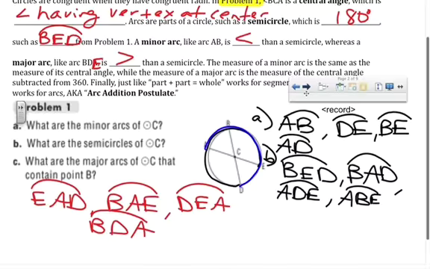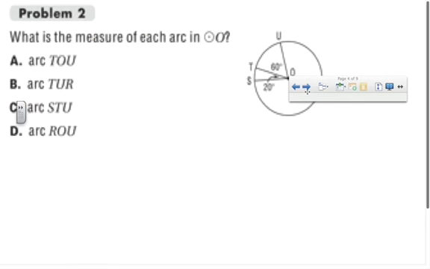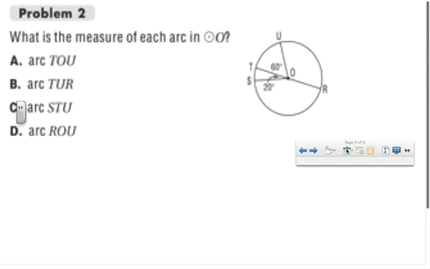Okay. Let's take a look at identifying the measures of arcs. A couple of typos I need to fix on this screen. This should just be arc TU. This should just be arc RU. So in problem 2, let's find the measure of arc TU.